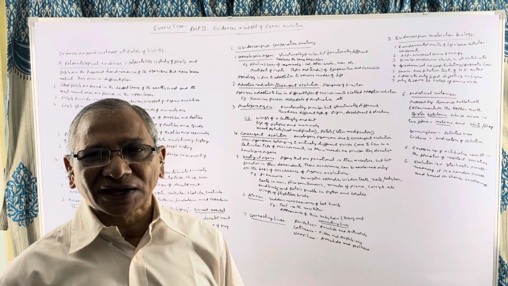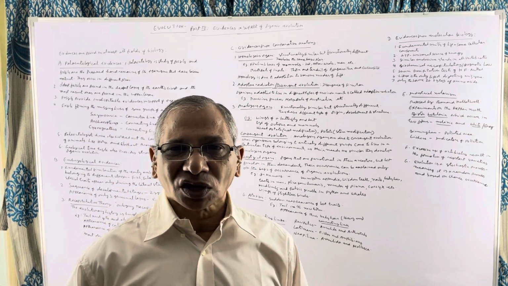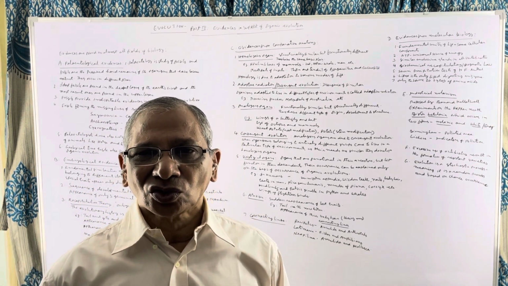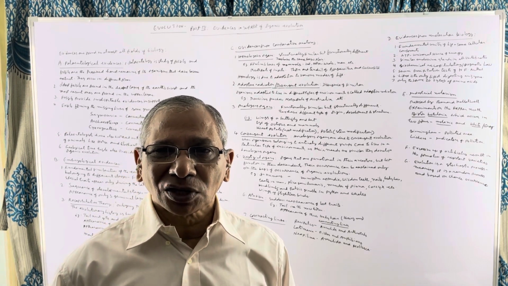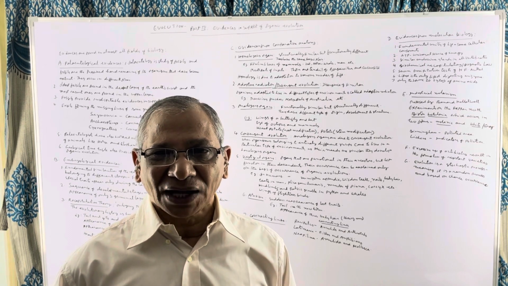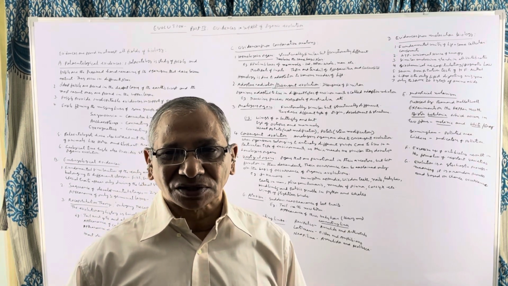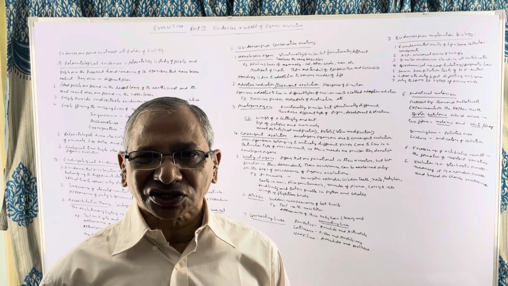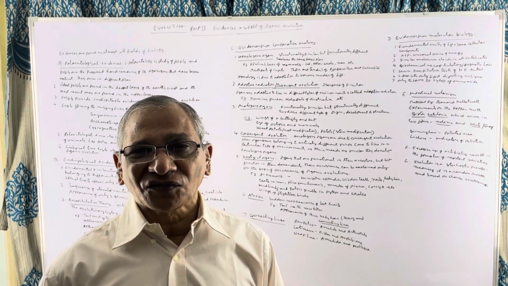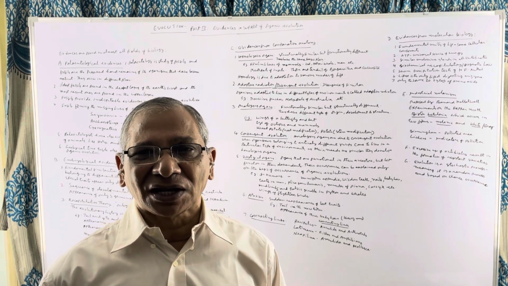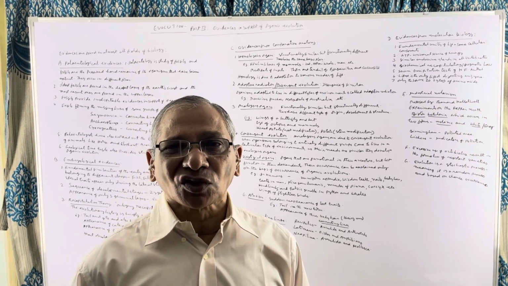So to live in those environments, suitable modifications occur in their body organization. This modification is only superficial. Internally, the structures are not altered. Only superficially, the organs are modified to assist the animal to live in the changed environment.